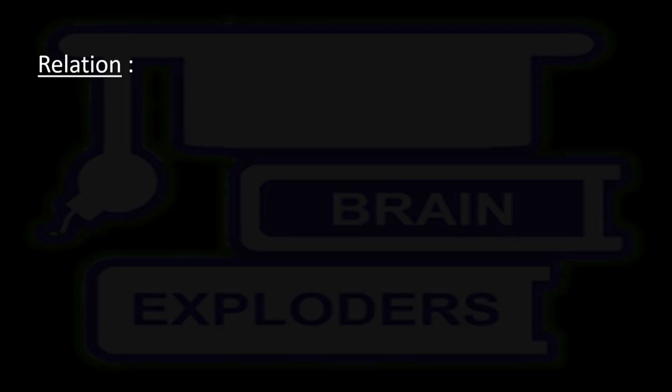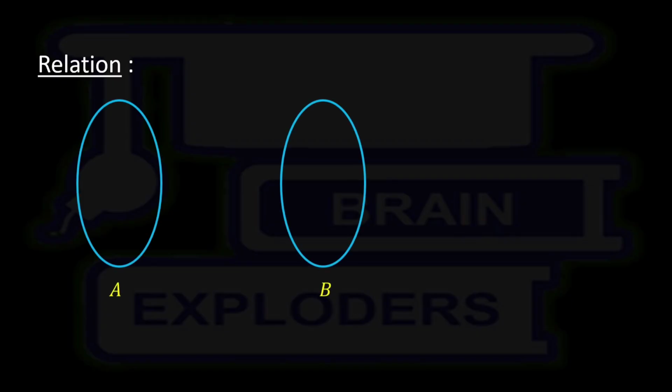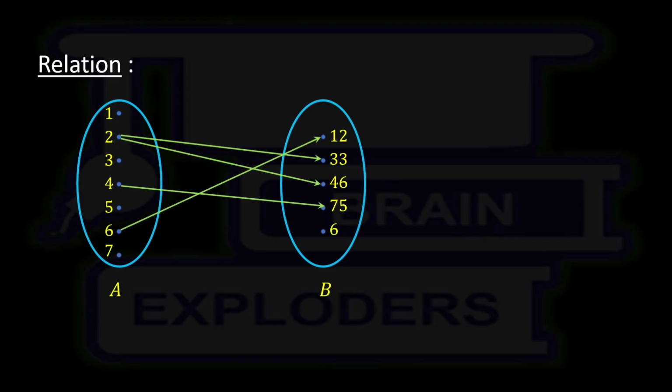understand some basic concepts. So let's start with relation. A relation from a non-empty set A to a non-empty set B is a set of some ordered pairs of elements of A and elements of B. So here, suppose we are representing these ordered pairs with these arrows, and since I'm talking about ordered pairs, that is why the elements are not connected with line segments.